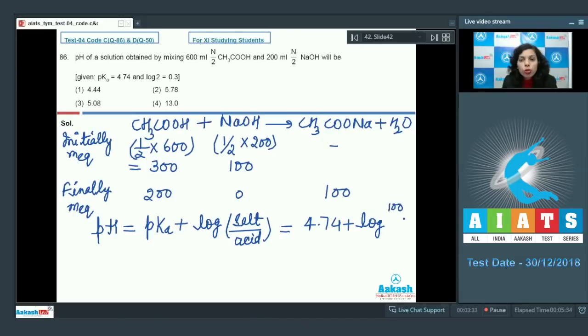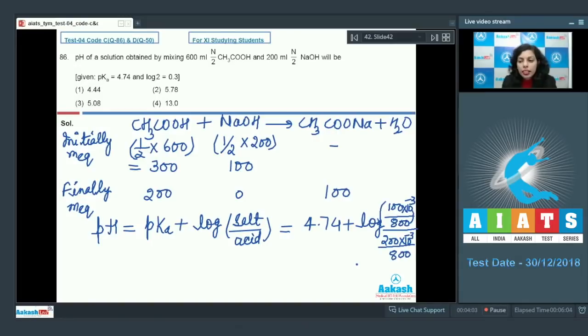Its volume is 600 ml, but it is mixed with 200 ml of NaOH, so the total volume is 800 ml, multiplied by 10 raised to the power minus 3. This is divided by the concentration of acid, that is 200 into 10 raised to the power minus 3 divided by 800.